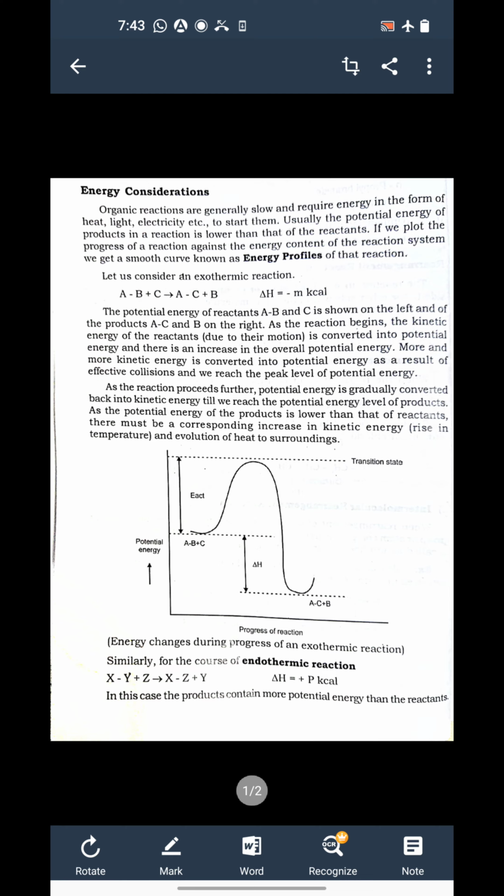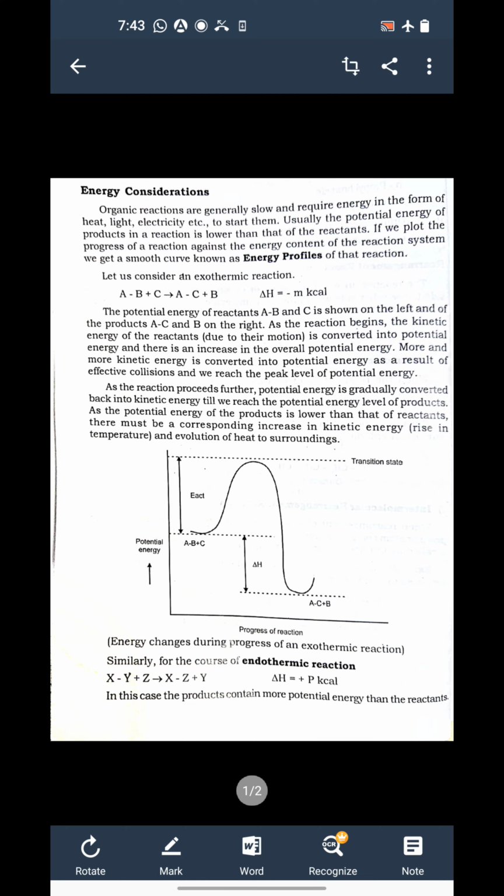So what is the energy profile diagram of an exothermic reaction? As you can see in the curve, the progress of reaction is on the x axis and potential energy on the y axis, and on the left side of the graph there are the reactants A, B plus C, and that reactant has some potential energy.